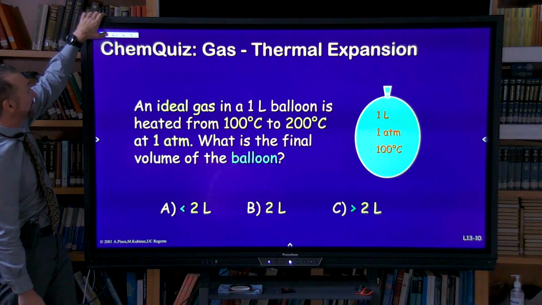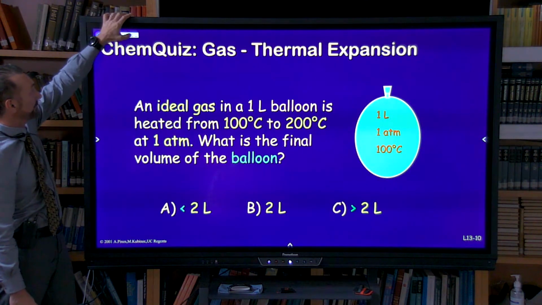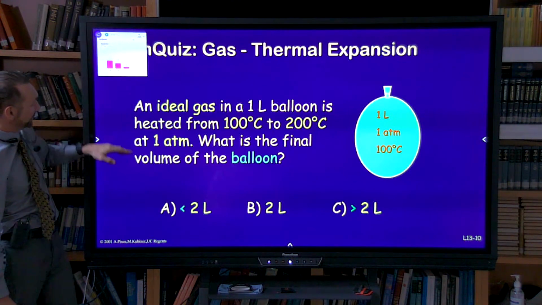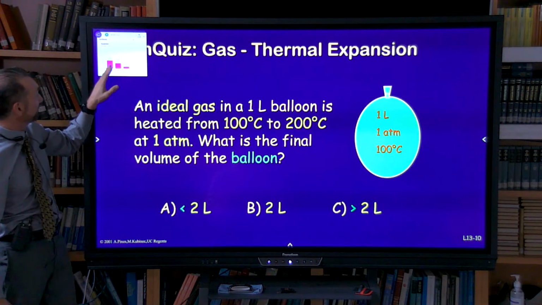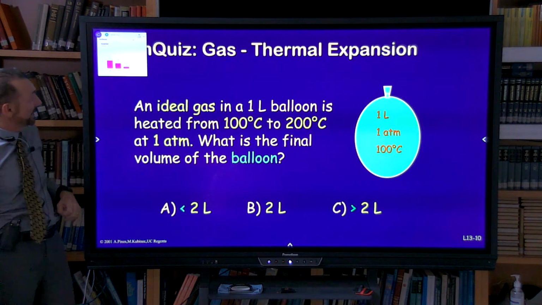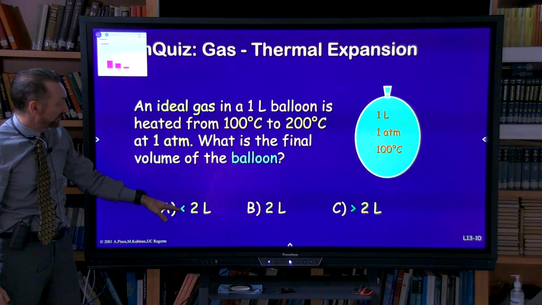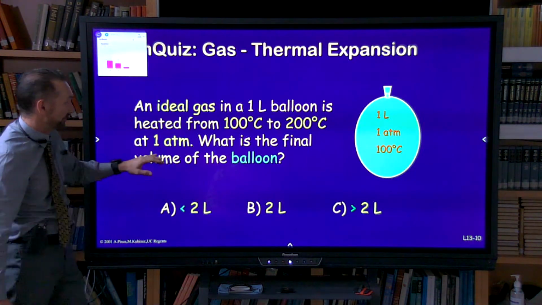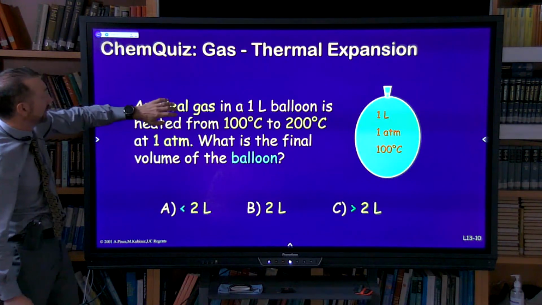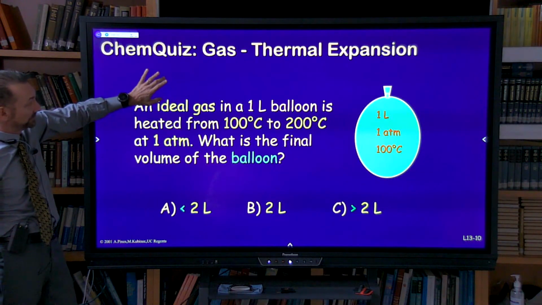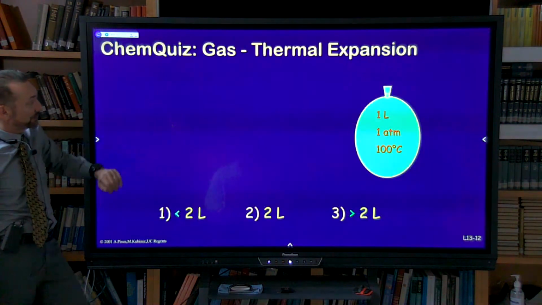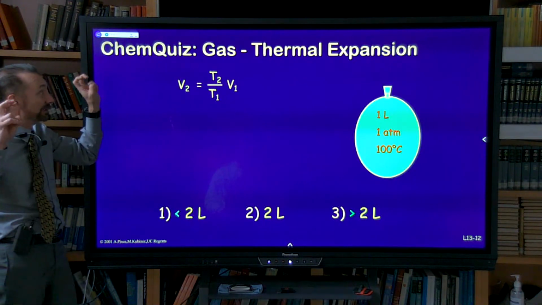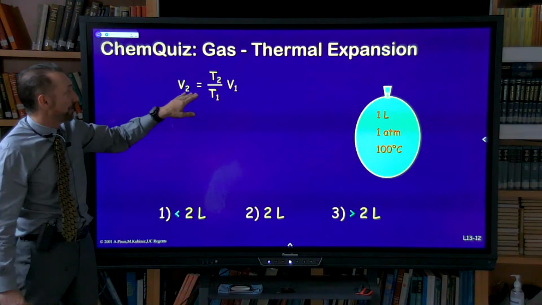Let's see how you did with that. Many of us think A, many of us think B. But A, the most popular, saying the change would be a bit less than 2 liters, not 2 liters. And this question is to emphasize that that temperature appeared to double, but everybody was doing the right thing.